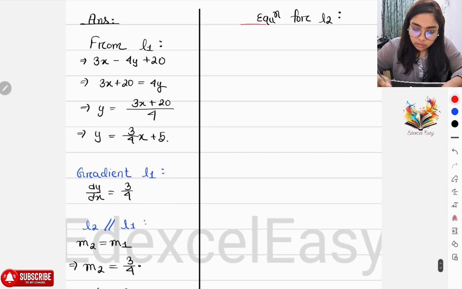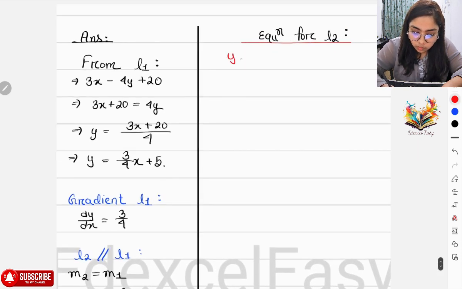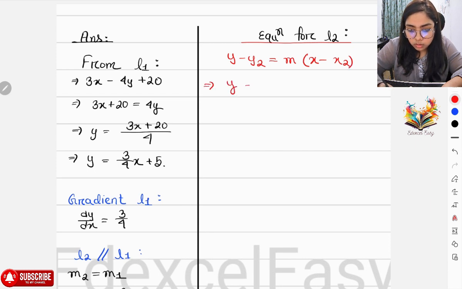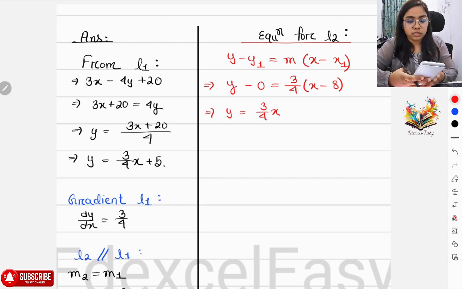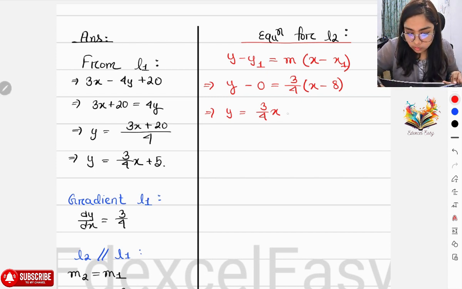So the equation for the straight line will be y minus y1 equals m times x minus x1. y1 was what? 0, right? Not y2, sorry. This is x1 and y1. So you get y equals 3 over 4 times x minus 8. That would be y equals 3 by 4x minus 6, I think, if I'm not wrong. Let me just calculate it. Yeah, minus 6. So that is the equation for your line L2.